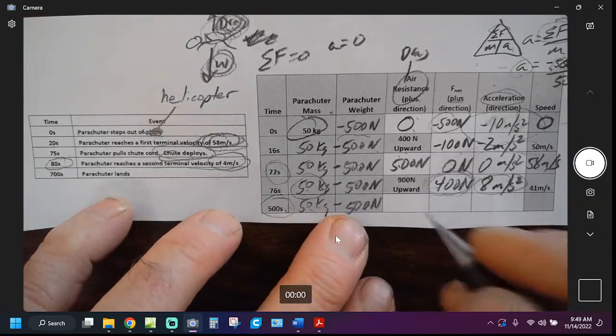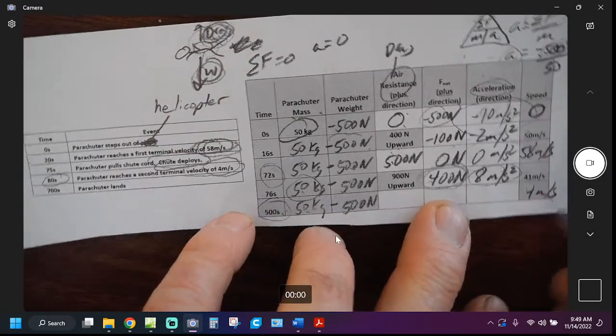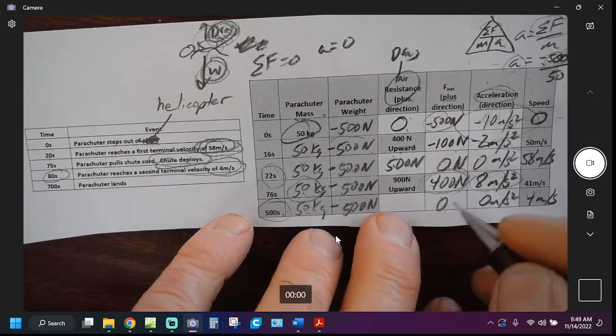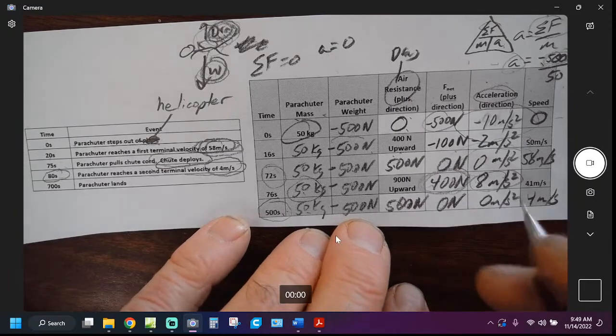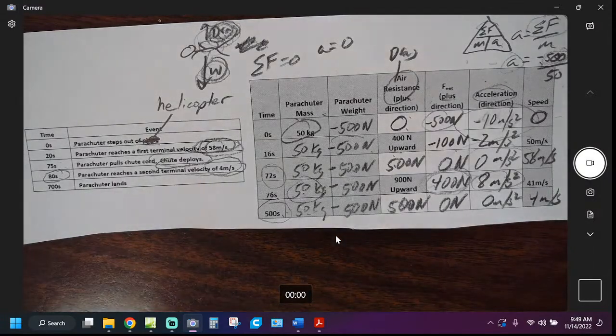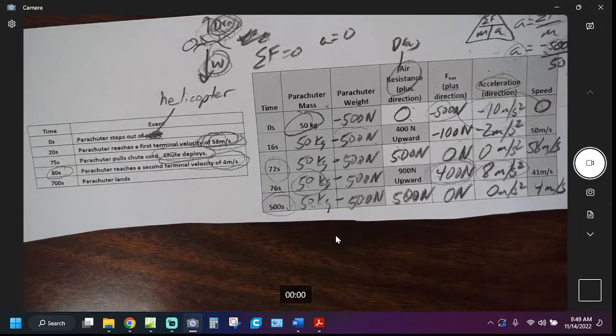So if it's terminal velocity, I can just write 4 meters per second, 0 meters per second squared, 0 net force, and this has to be 500. So at some point we'll have another quiz, and unless I screw up and forget, this is going to be the first kind of question on the quiz.